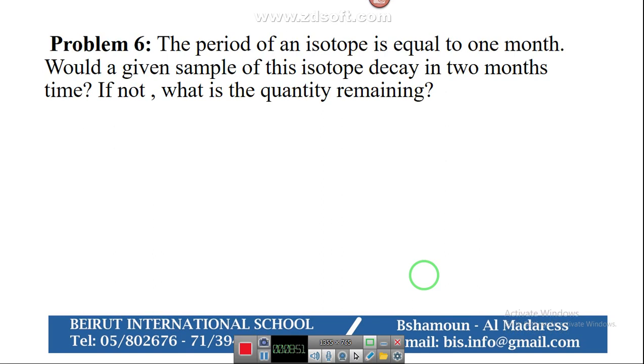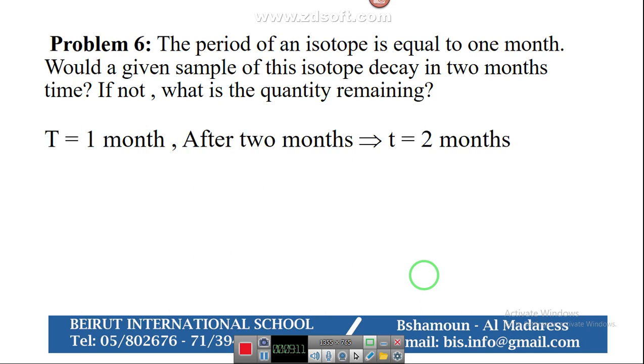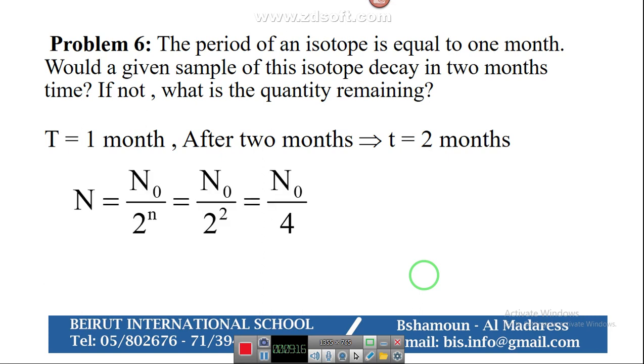Here I am going to solve problem number 6. This problem said that the period of an isotope is equal to 1 month. Would a given sample of this isotope decay totally in 2 months? If not, what is the quantity remaining? First of all, since the period is 1 month, after 2 months the substance is not totally decayed, because if we apply the formula t equals n capital T, this means that the small n is equal to 2.